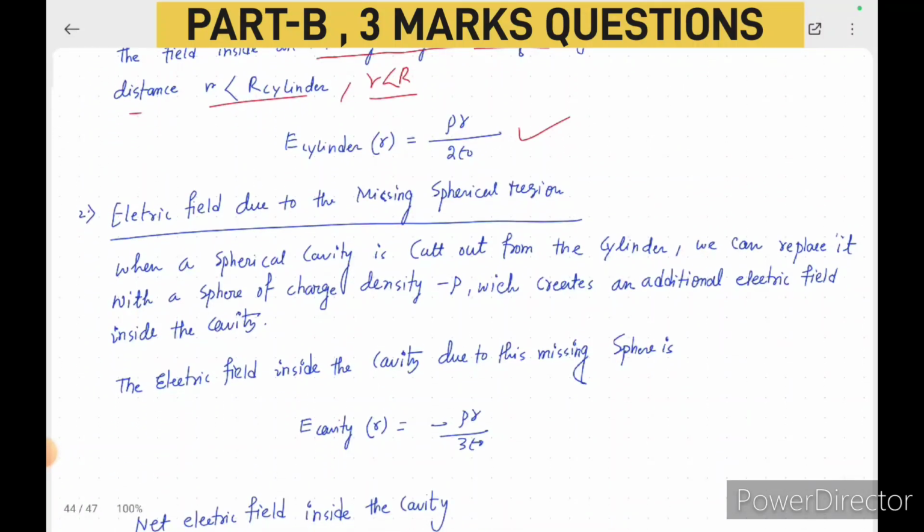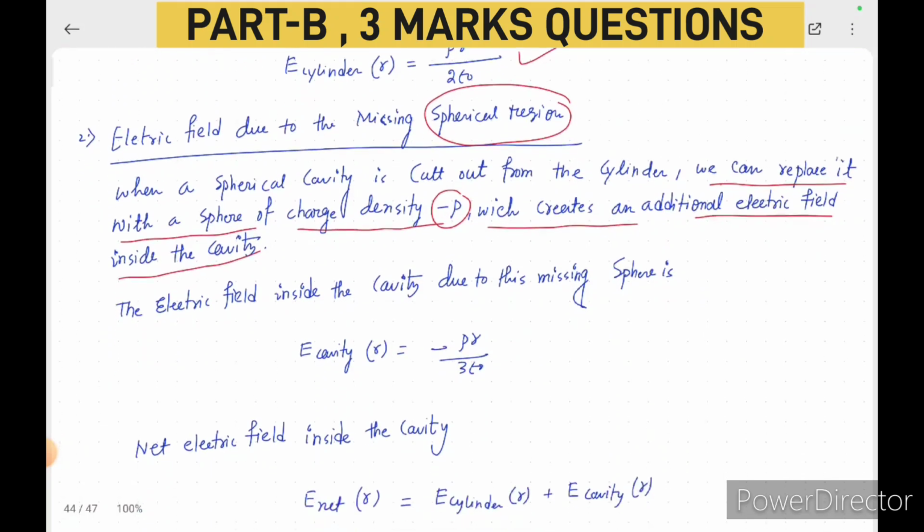Again, the electric field due to the missing spherical region. When a spherical cavity is cut out from this cylinder, we can replace it with a sphere of charge density minus rho, from the method of equivalence, which creates an additional electric field inside the cavity.